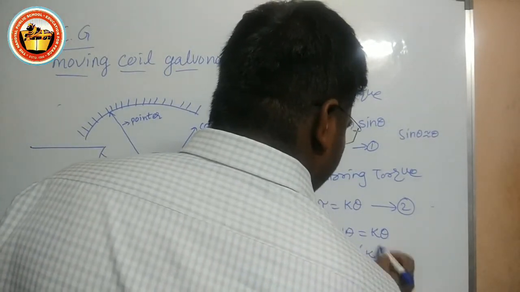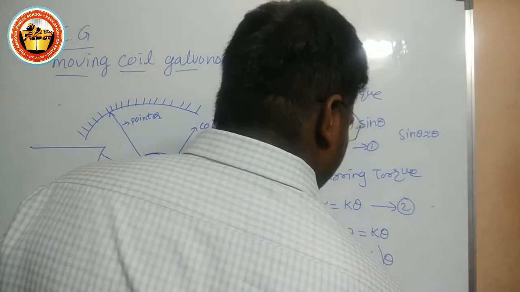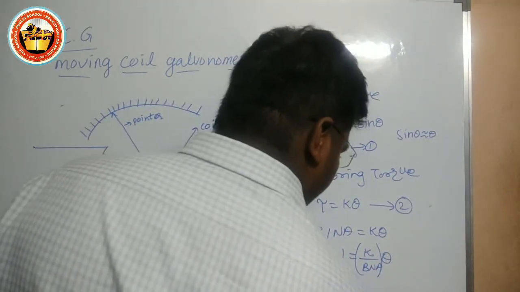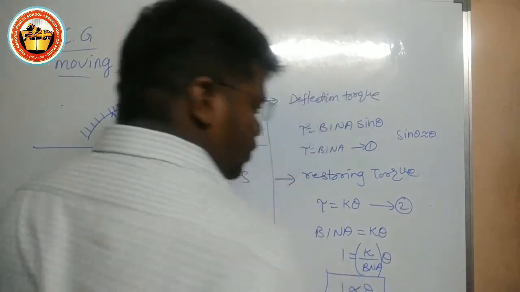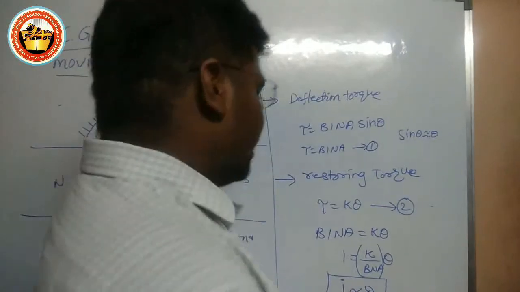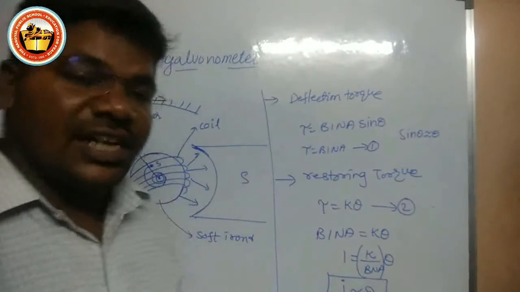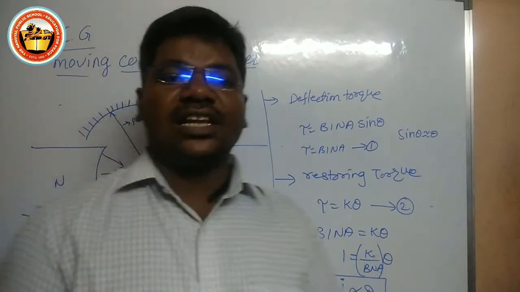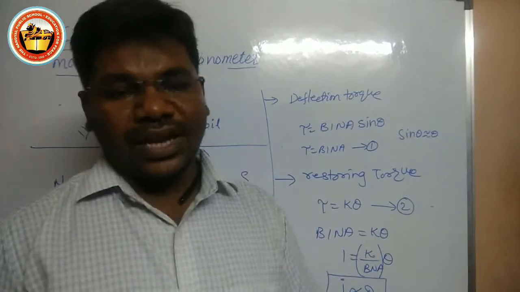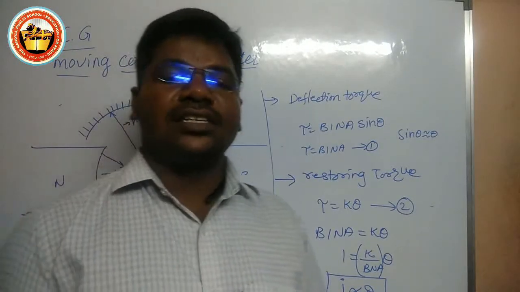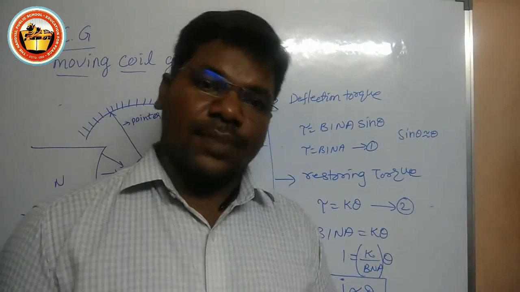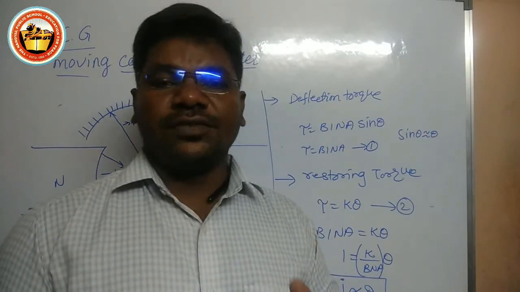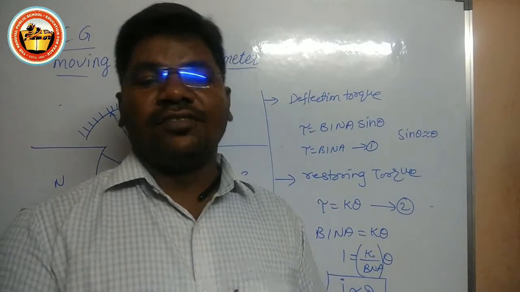This constant we can denote as a constant G. From this, I is proportional to theta. This relation says the deflection gives the current. The current passing through the coil is proportional to the deflection angle.